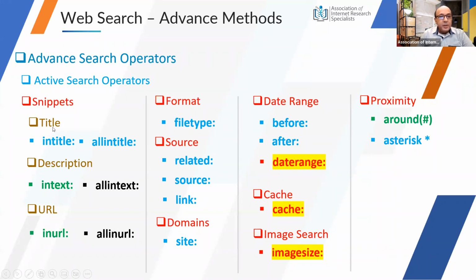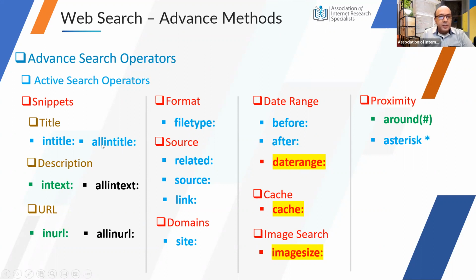When we are trying to find something inside the title of a snippet, we use the advanced operators intitle and allintitle. Between the two, the difference is just adding the word all to one. Intitle we use quite a lot. Allintitle we don't use much.